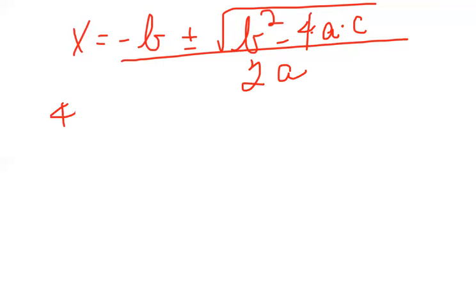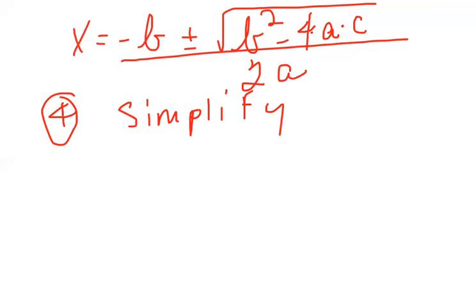Now, step 4 is to go ahead and simplify. So once you plug in all those values, a, b, and c, into the formula, the last step is to go ahead and simplify. Now, one last thing I need to say about the quadratic formula, and then I'll do a couple of examples, and that is the discriminant.